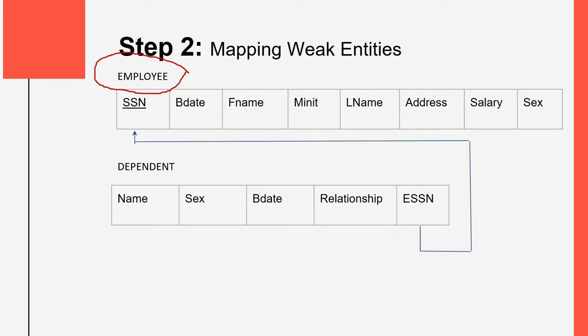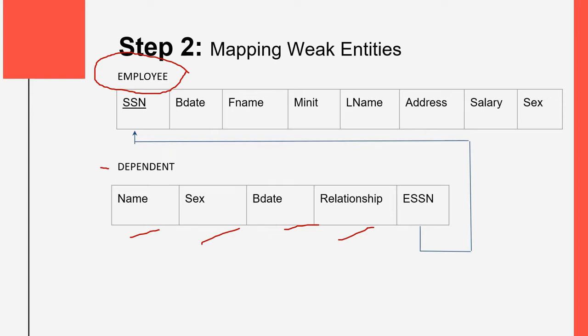So in the dependent, put all the attributes that relate, and then we create a foreign key that refers to the primary key of the owner of this weak entity. Who is the owner of the weak entity? The owner of the weak entity is employee.